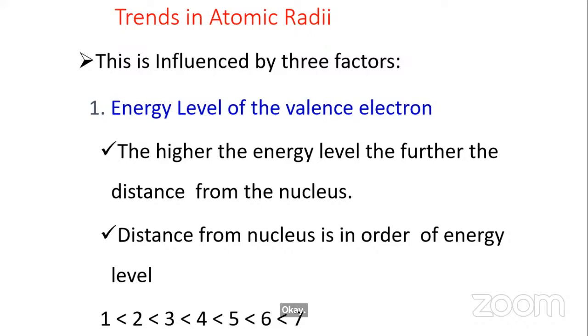So the energy level affects the valence electron. The higher the energy level, the further the distance from the nucleus, the larger the value of the atomic radius. Also, we have the nuclear charge.